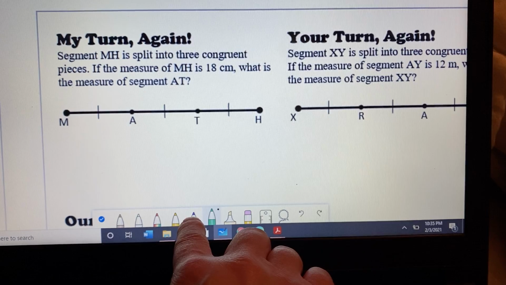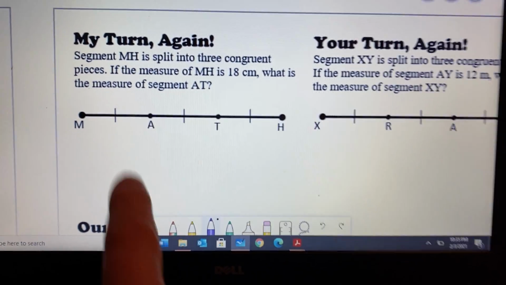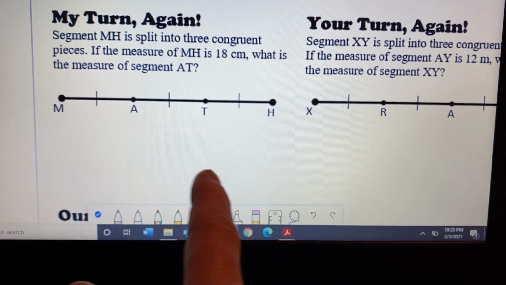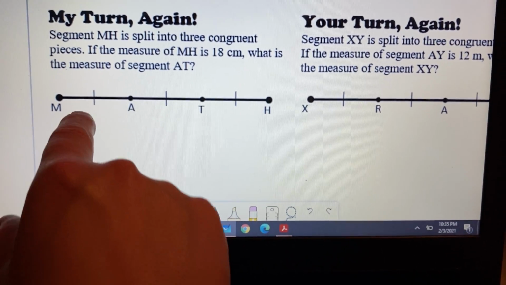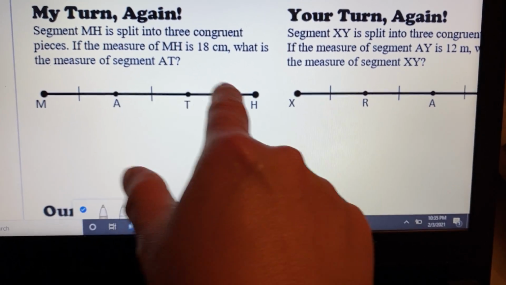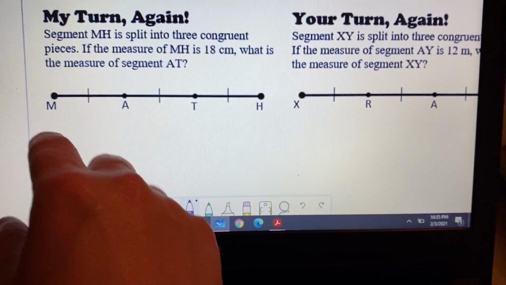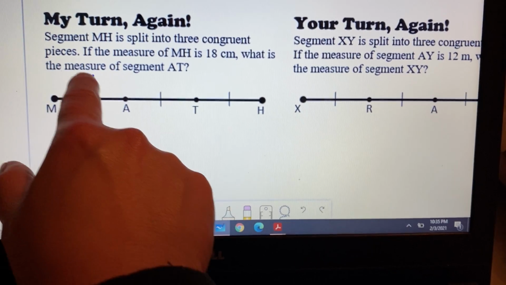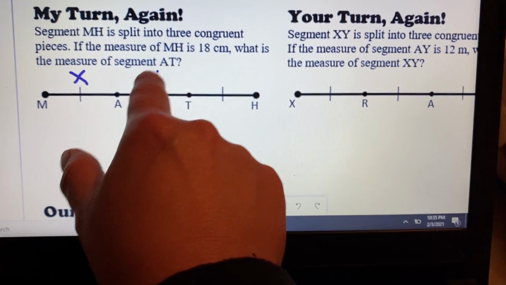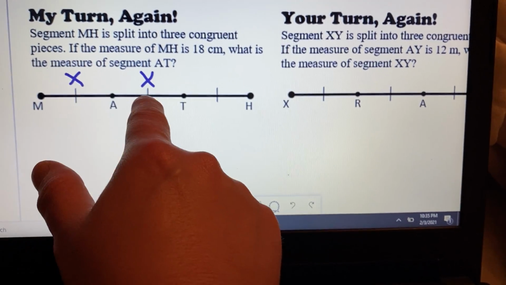For this one, it says segment MH is split into 3 congruent pieces. And I know they're congruent because they each have 1 tick mark. So this is the same as this is the same as this. If I wanted to, I could come up with a variable and say, well, MA is equal to X. And AT has got to be X also because they're congruent.